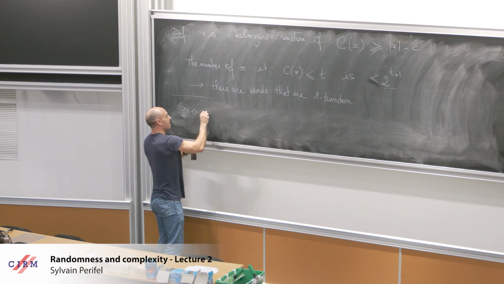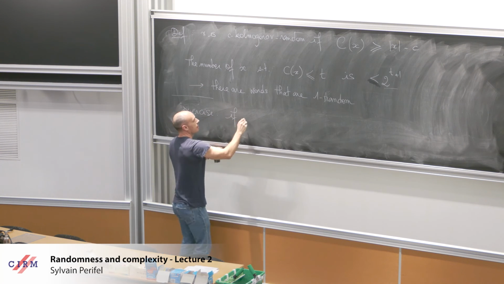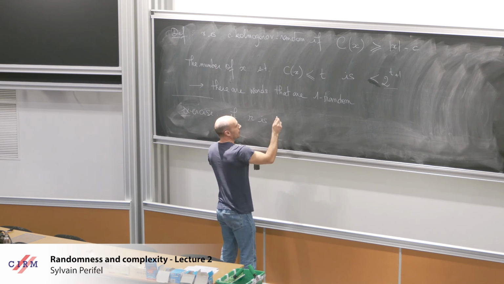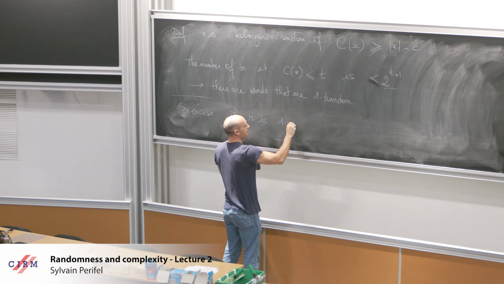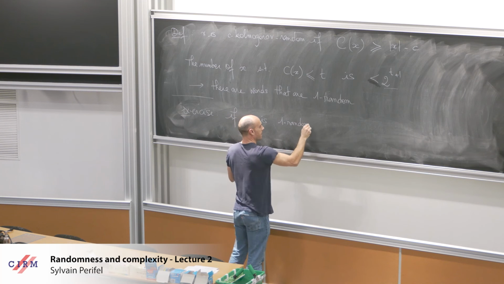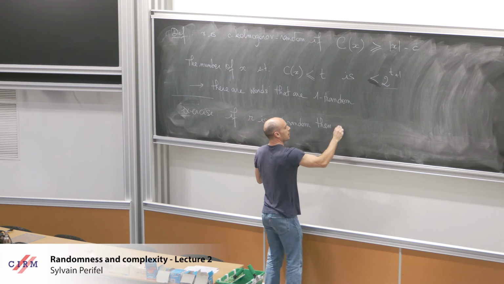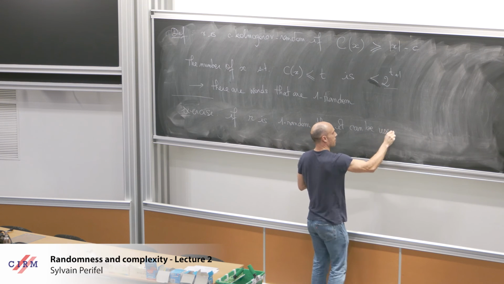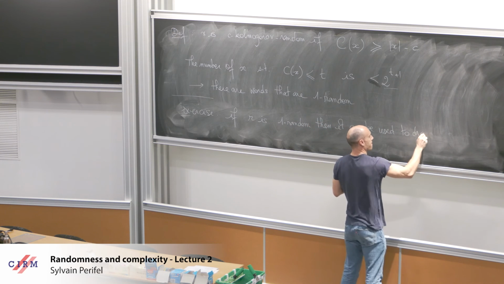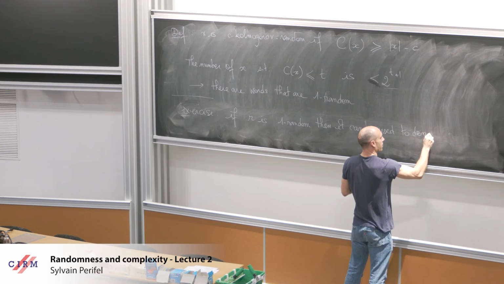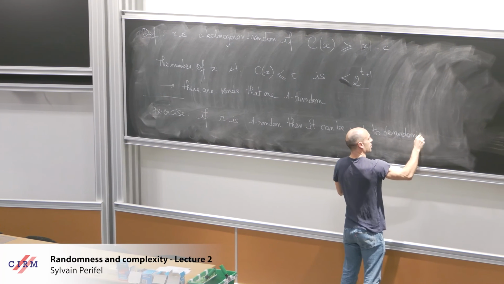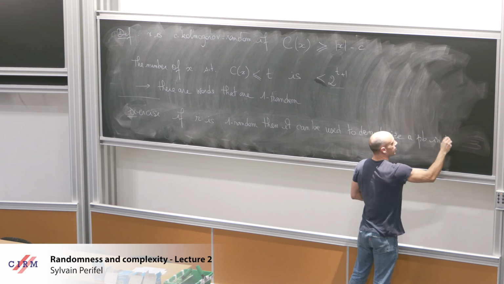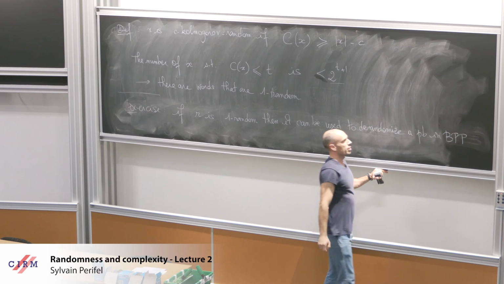So if R is, let's say, 1-random, then it can be used to derandomize a problem in BPP, for instance. So what do I mean by that?